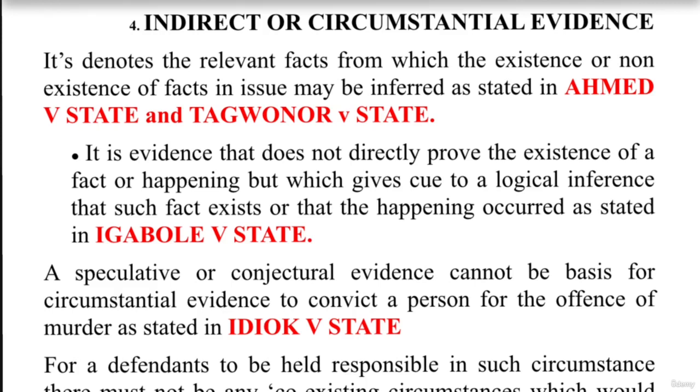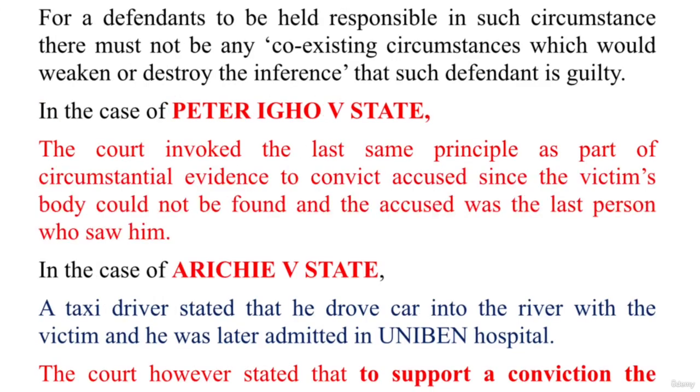A speculative or conjectural evidence cannot be the basis for circumstantial evidence to convict a person for the offense of murder, as stated in the case of IDIOK versus the state. For a defendant to be held responsible in such circumstance, there must not be any coexisting circumstances which would weaken or destroy the inference that such defendant is guilty.